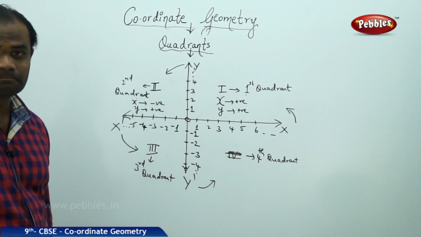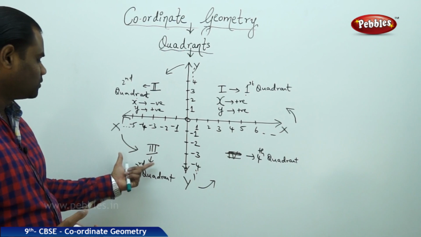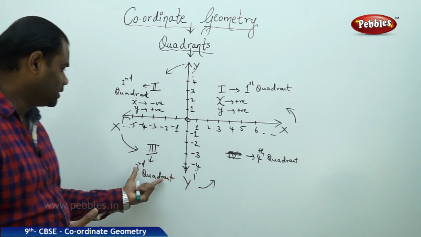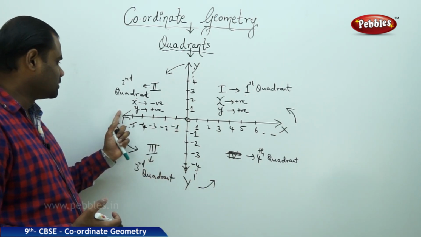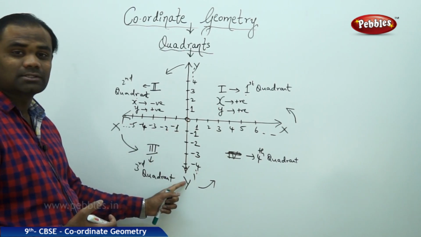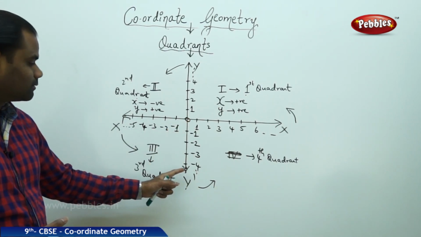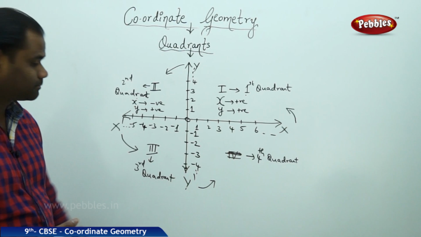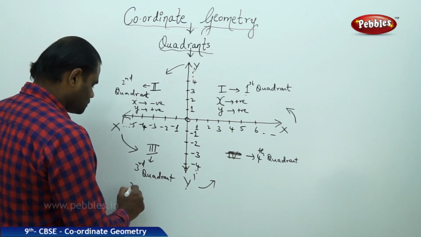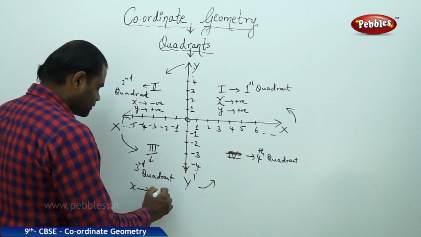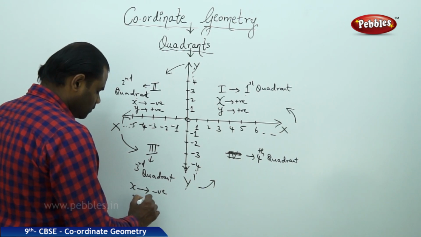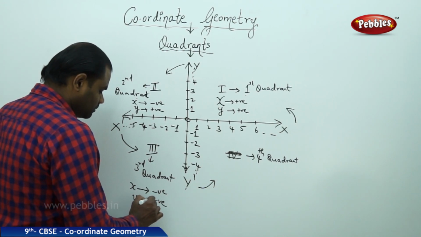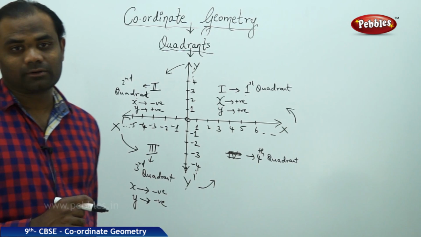It's very simple. Similarly, when I go through the third quadrant down here, I see that my x values are negative and my y values are also equally negative as seen in this diagram. So I refer to x being negative and my y equally being negative in the third quadrant.